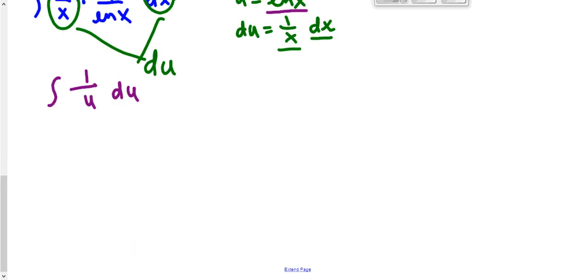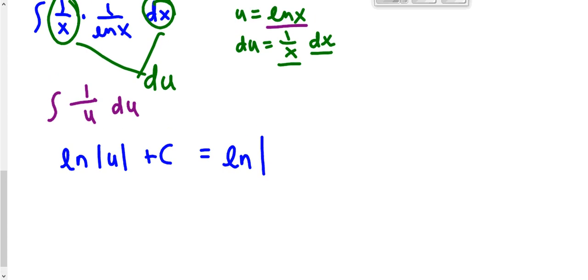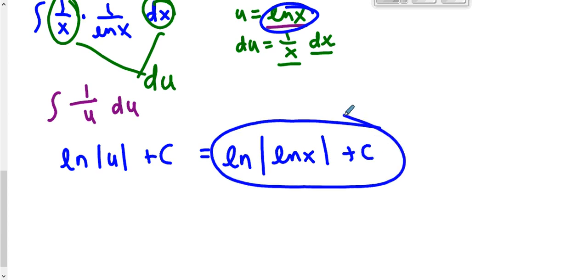The integral of 1 over u is the ln of the absolute value of u plus c. We put our u back in, the ln of the absolute value, our u is ln of x plus c. So when we integrate this, we get the ln of the absolute value of ln of x plus c.